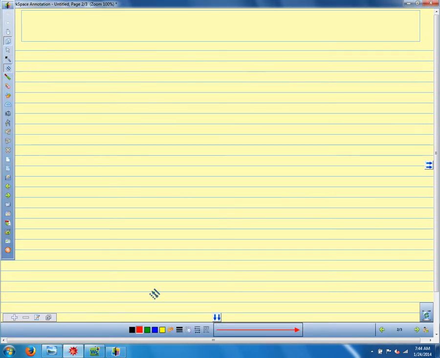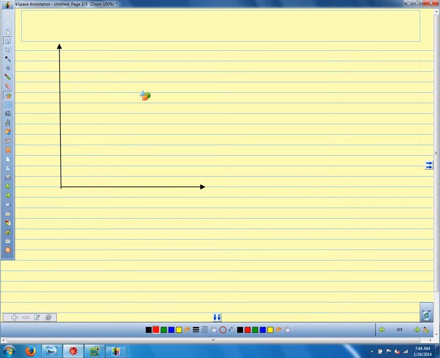So here are axes. And I'll draw the circle first because it's easier for me to draw the curve around the circle than the other way around. So here's our circle of curvature, and I'm going to draw our curve in blue.